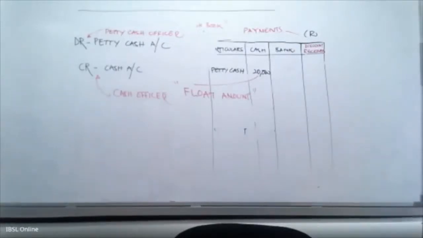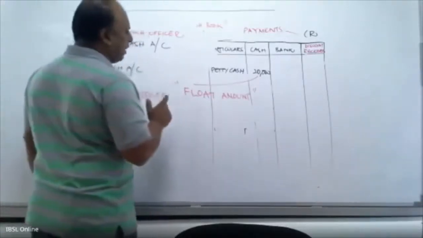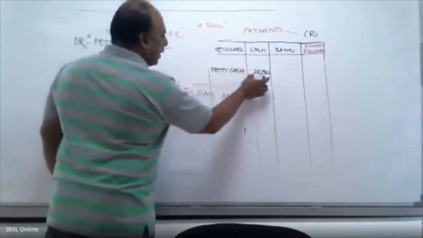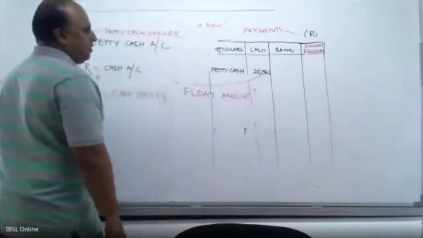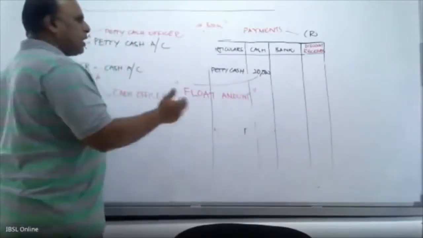That type of mechanism is called the Imprest system. What you saw in the slide as the Imprest system is that: every month, at the beginning of the month, you are ensured that you have 20,000. Now, this amount of 20,000 can vary from company to company.